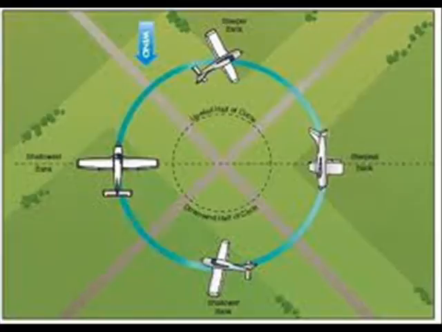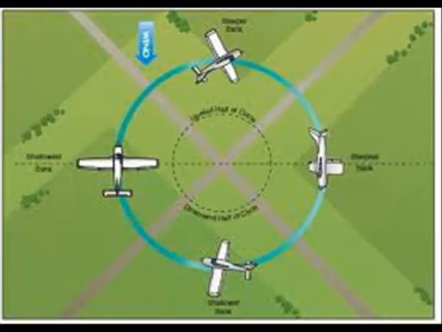Okay, so select your point on the ground that you're going to be using. It's either crossroads or a house or a clump of trees or a silo if you're out in the farm area. Okay, so you pick your maneuver there. You need to enter this maneuver downwind. So again, with the figure, if you place that wind arrow behind the steepest plane, that's where point number 1 should be.